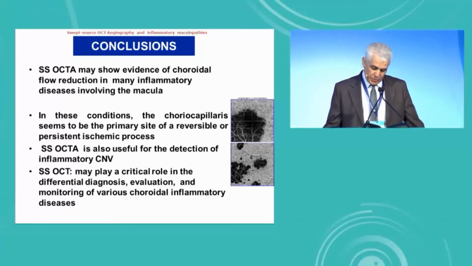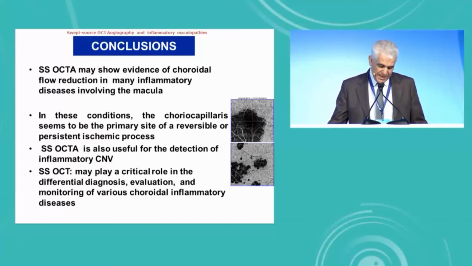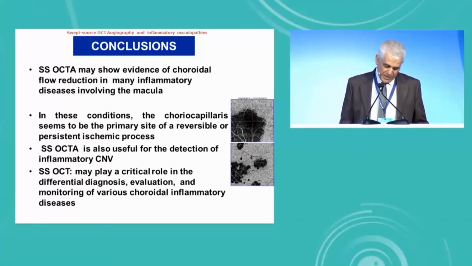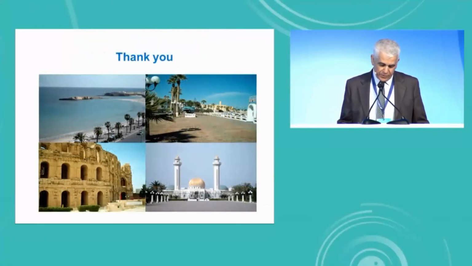Swept source OCT angiography is also useful for the detection and following of inflammatory CNV, and I think that swept source will play an important role in the differential diagnosis, evaluation, and monitoring of various choroidal inflammatory conditions. Thank you for your kind attention.